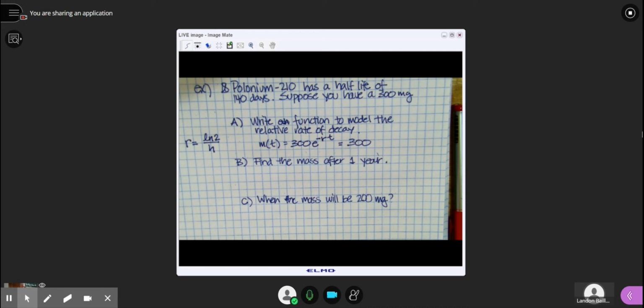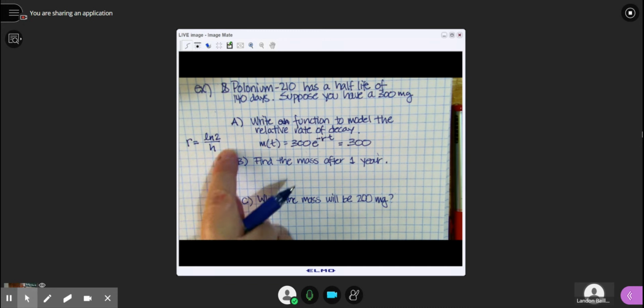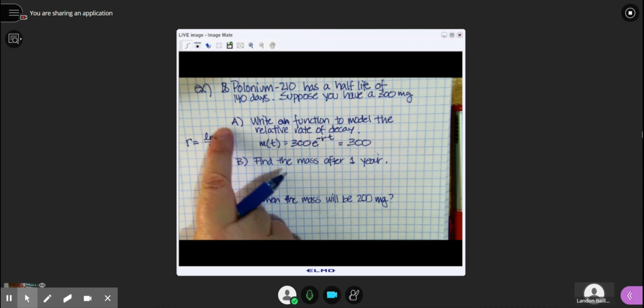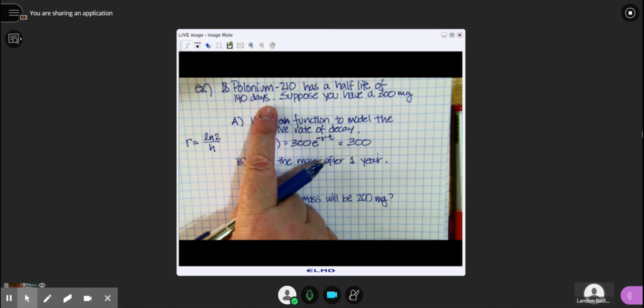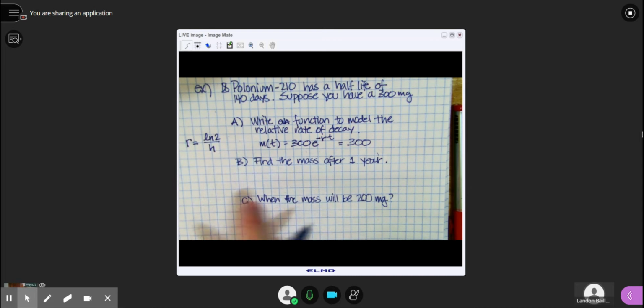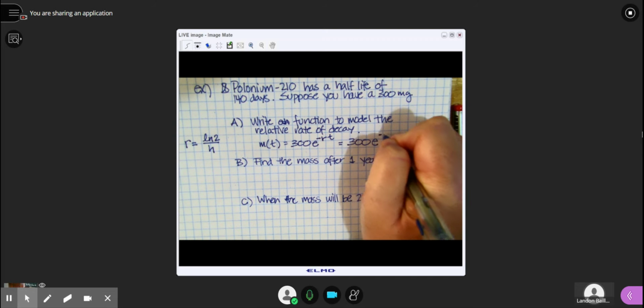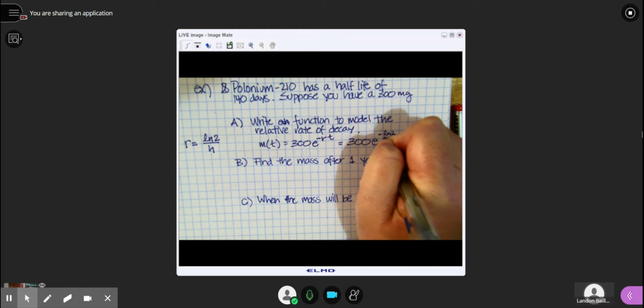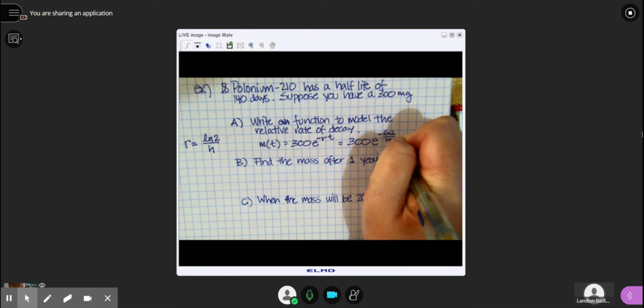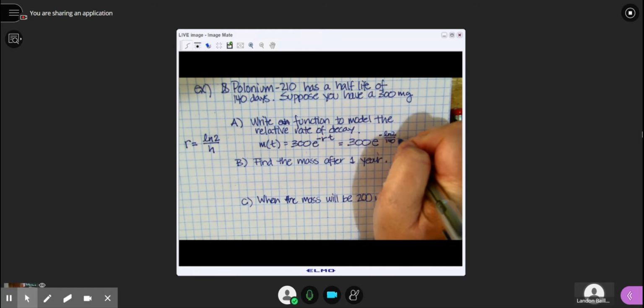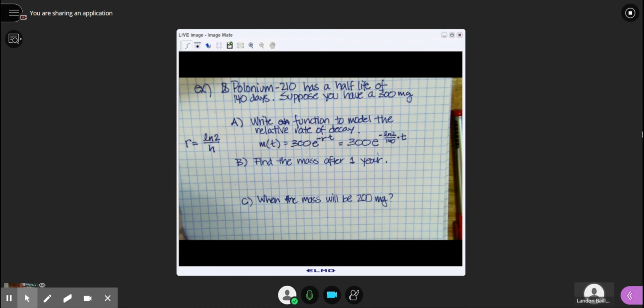Now, they didn't give us the rate here, so we have to use this half-life conversion because that's what they gave us, right? So we're going to do 300e to the negative ln2 over 140 times t.